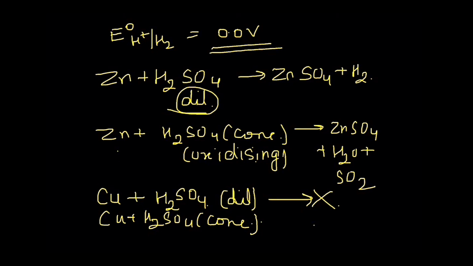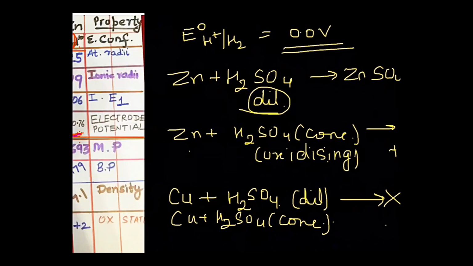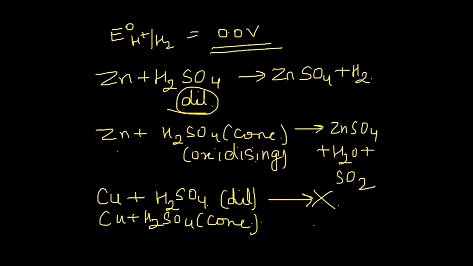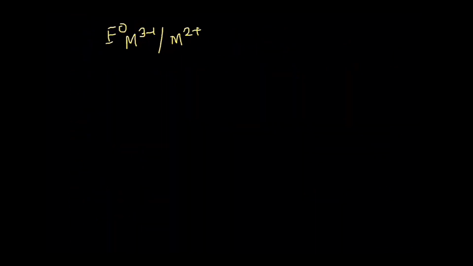Now, when you have a question pertaining to the electrode potential values, my advice to you would be to see the electronic configuration. See the electronic configuration, form M2, M3 positive. You could also be asked a question on the reduction potential M3 positive, M2 positive. Now here again there is no regular trend. You cannot really say what is the trend.